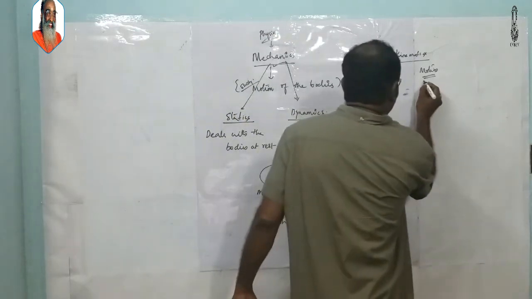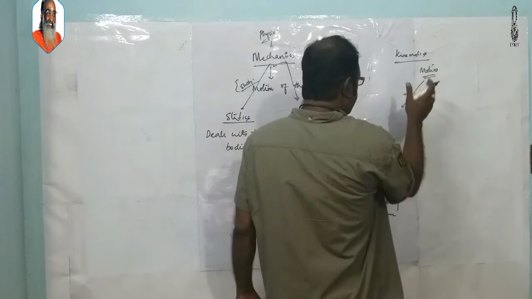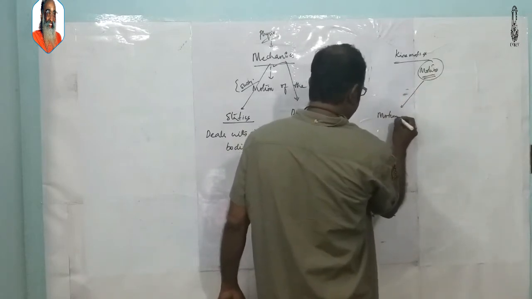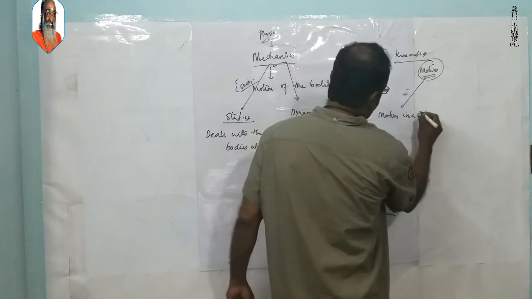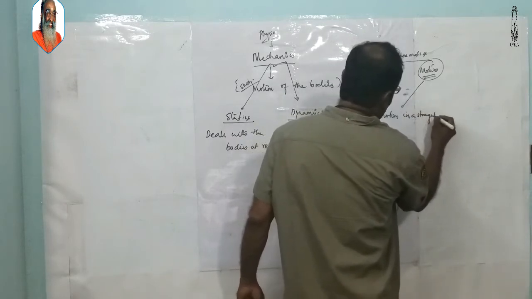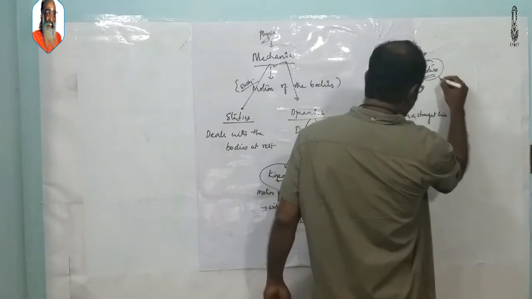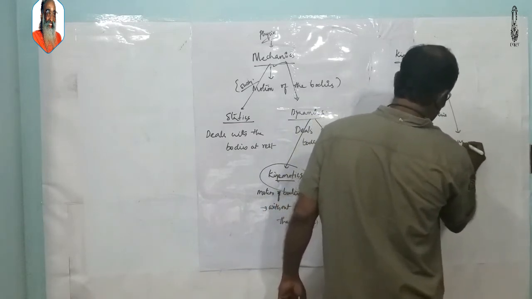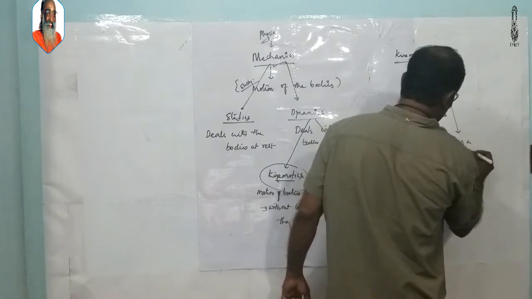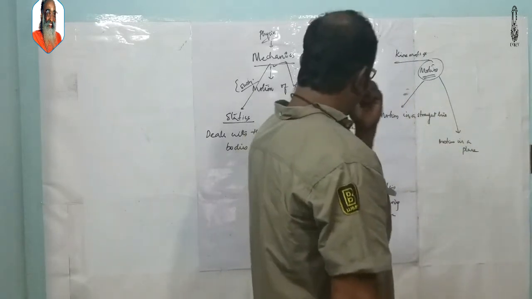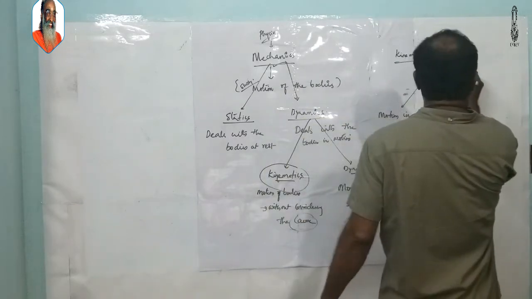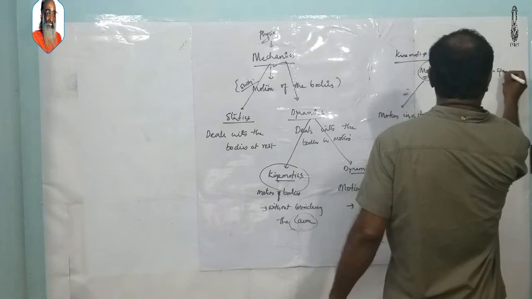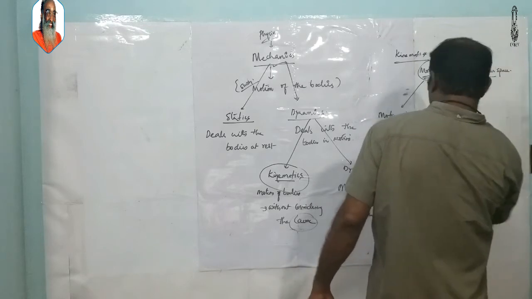So it is motion in a straight line, the second one is motion in a plane. Wait, I will explain. Purely plane. And the other one is motion in space. So like this we can categorize the motion here.